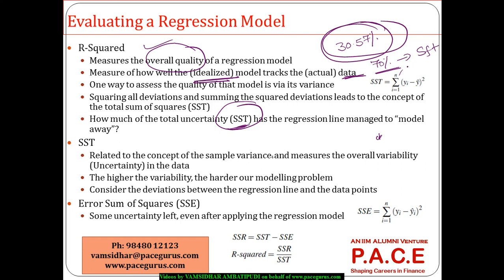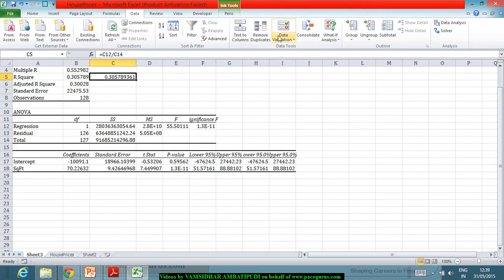What does that mean? The remaining 70% could be attributed to some other variables apart from the square feet, or it could be totally random in nature, which cannot be attributed to any other factor. So that's the way to bring out the interpretation by looking at the outcome of this variable.